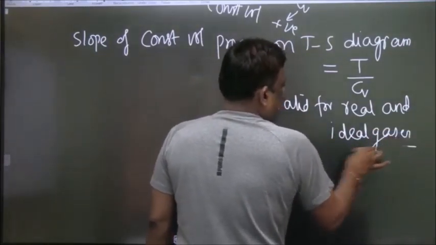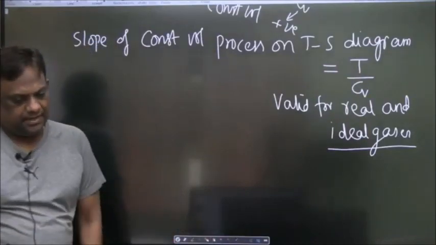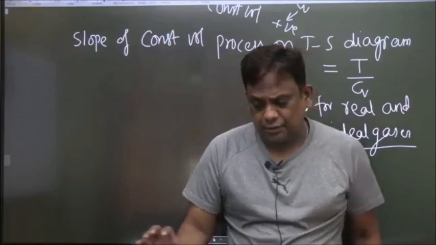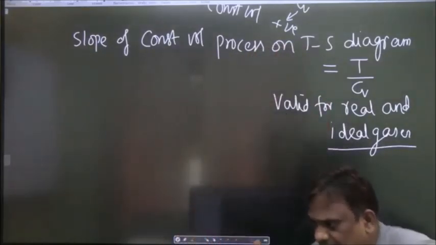And on the PV diagram, isothermal and adiabatic slopes are negative. Already we have seen minus P by V.